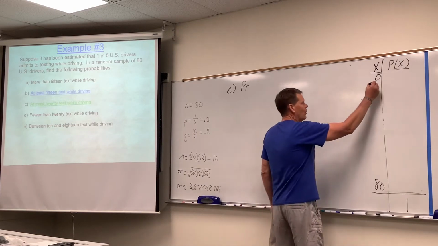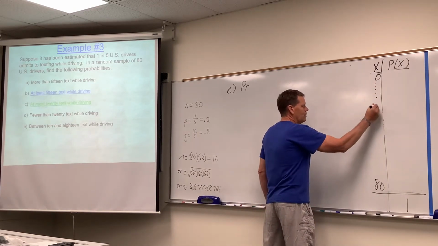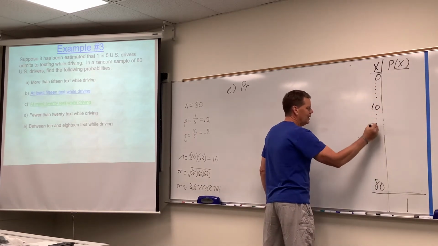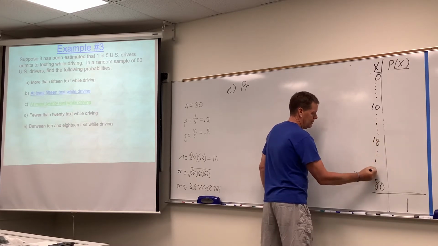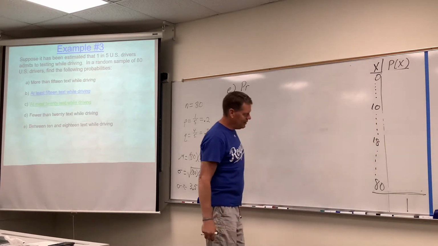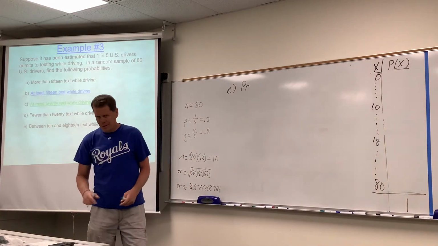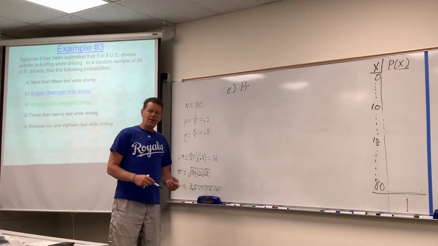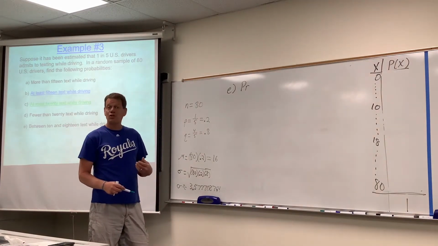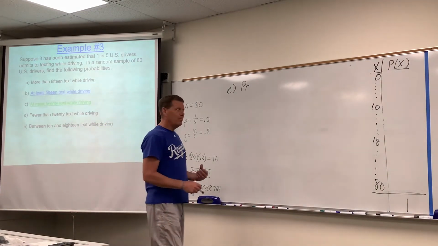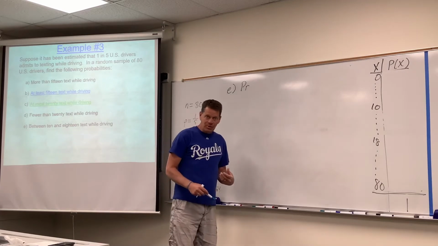So you've got this range of numbers from 0 to 80, and we're talking about between 10 and 18. Now, we can agree to disagree if you want, but to a mathematician, the word between means strictly between. It does not include those numbers themselves.